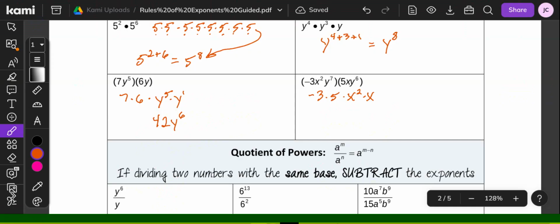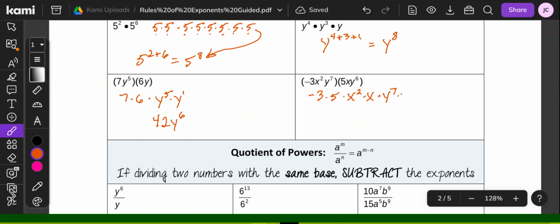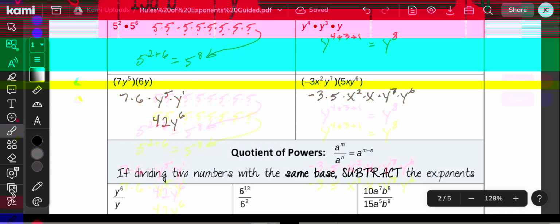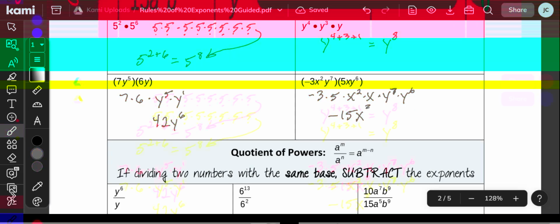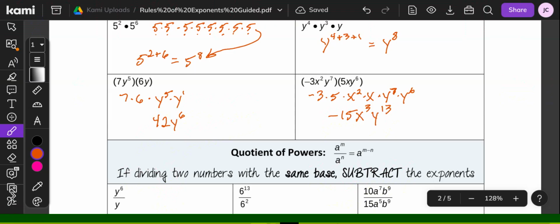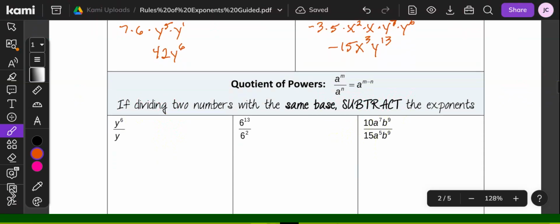And that's a term we use when we're going to add them together, right, or subtract them. y to the 7th times y to the 6th. That's a 7. It looks a little like 3. Okay, so I've got negative 15 x cubed y to the 13th. Okay, there you go. Let's move on to the next one.